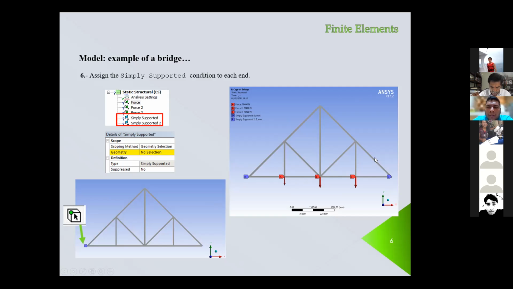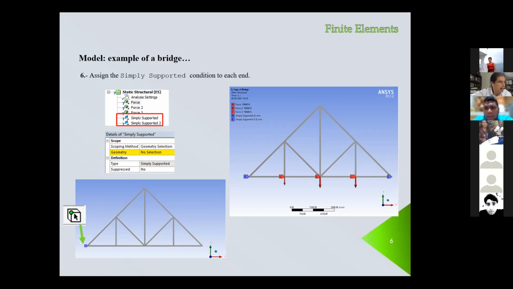Olivares, do you have a question? Tell me. Good morning. Yes, the internal joints between the same part of the structure, what does ANSYS consider them? Okay, we drew this bridge using lines, right?